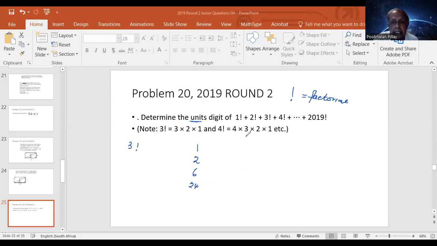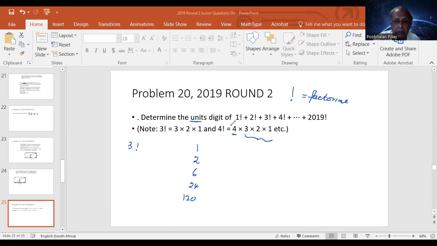But what's interesting is 4 factorial is 4 multiplied by the one that we just worked out. So it's 4 times 6. See? Because this part here is 3 times 2 times 1. And if you take 5 factorial, it will be 5 times the one which we just worked out, and that is 120, 5 times 24.